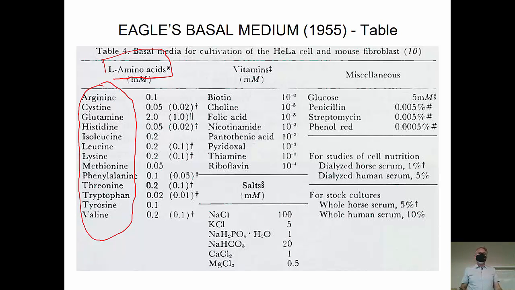We're not able to do that. The ones that we can't make, we call essential. Those are the essential amino acids. The ones that we need to get in our diet are called essential.